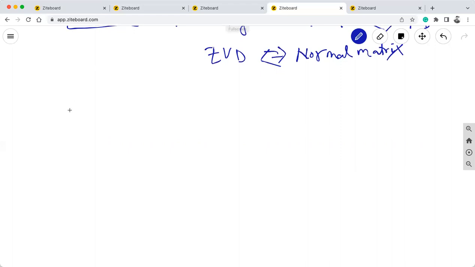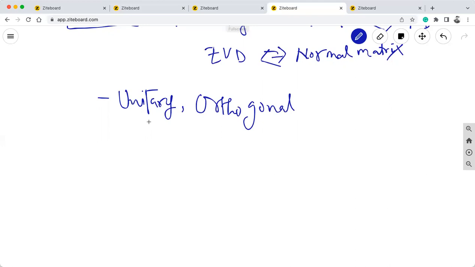So in summary, here we have learned about the unitary matrices. Then we have learned the orthogonal matrices. We learned about the normal matrices, and the symmetric and Hermitian matrices, and some properties of such matrices.